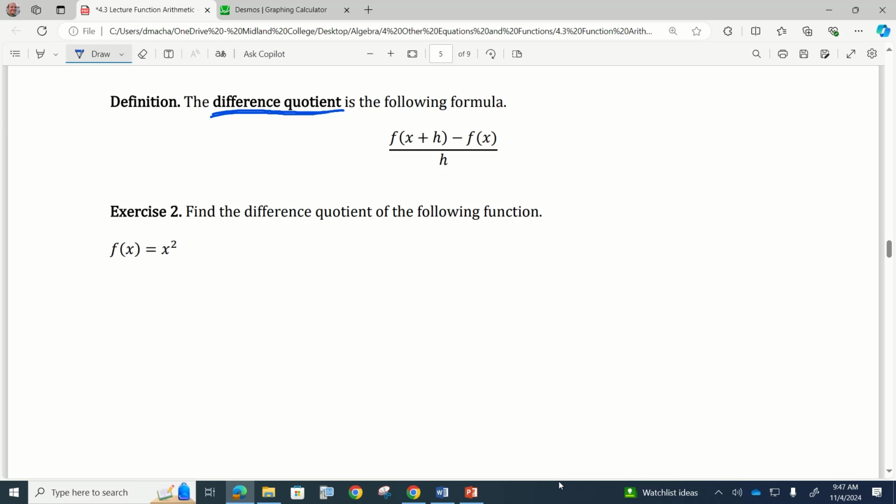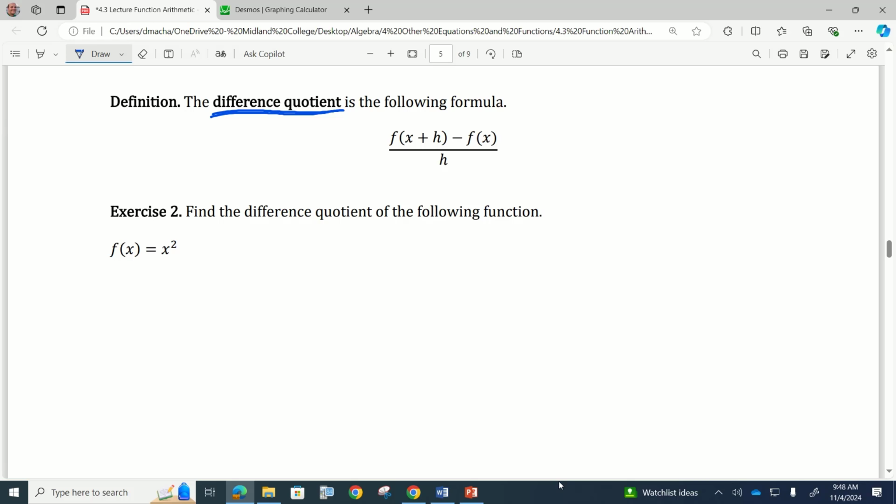But there is a question like this on your final exam. You don't need to memorize that, right? On the final exam question, it actually tells you what the difference quotient formula is, so you don't have to memorize this. It will be given to you. But nevertheless, there is a question that's similar to this on the final.